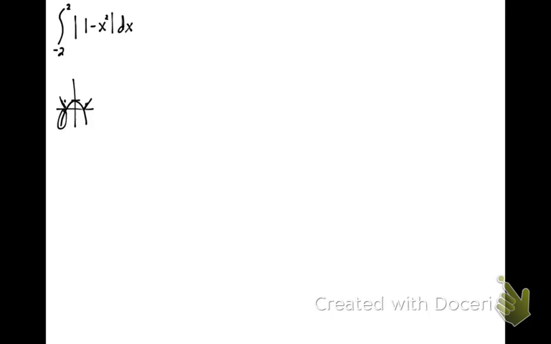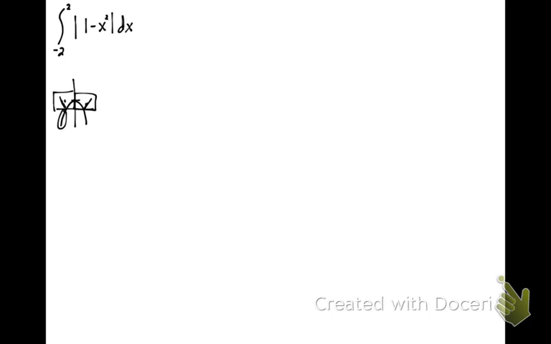Right, so that's some very odd things to make sense of with this example. Now, one thing to notice is that this graph is symmetrical. That is, this side from 0 to 2 is equal to this side from -2 to 0.